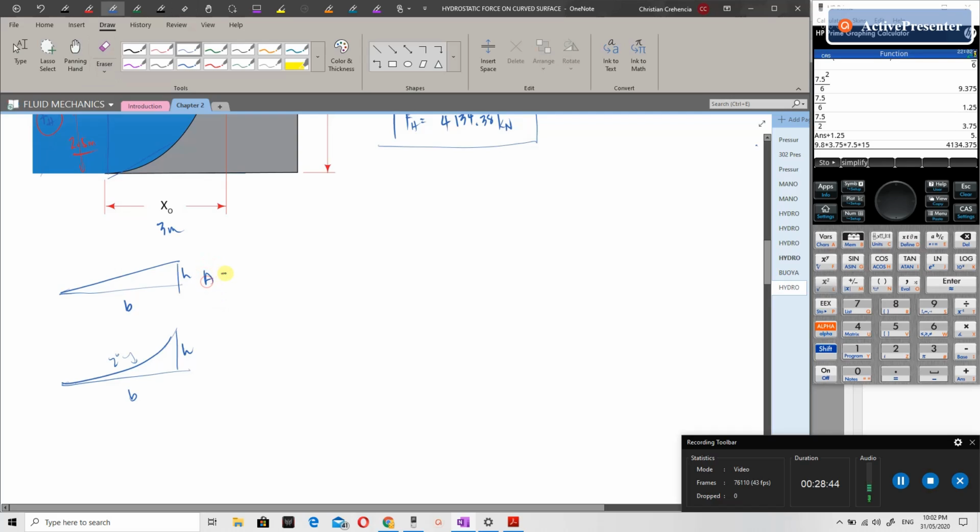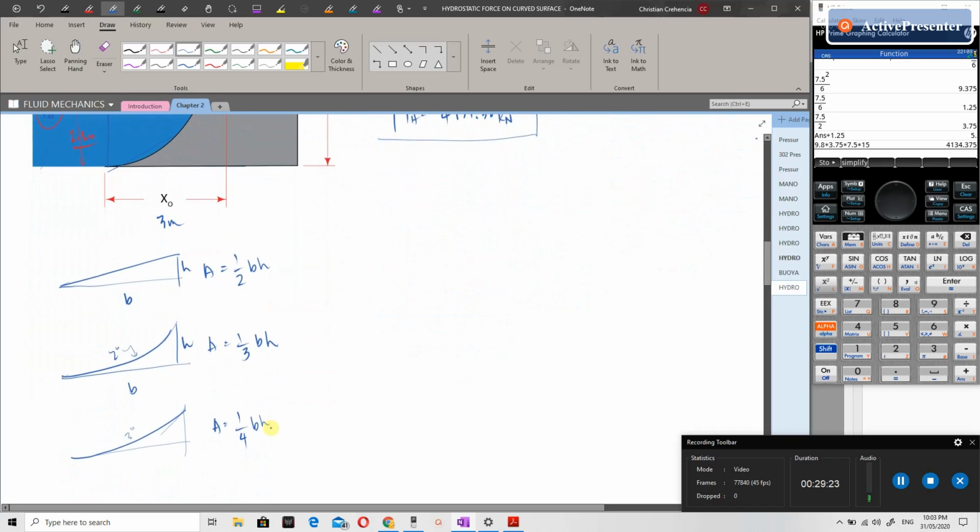Yung area natin sa triangle is 1/2 nung B times H. So kapag second degree na to, yung area natin will be 1/3 B times H. Okay? So yung degree plus 1. So kung magiging third degree pa yan, cubic, then yung area natin is 1 over yung degree natin plus 1, so 1/4 nung BH. Okay?